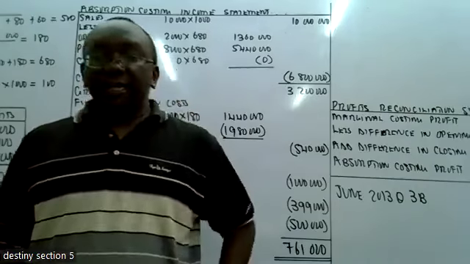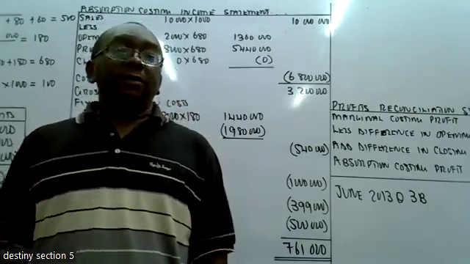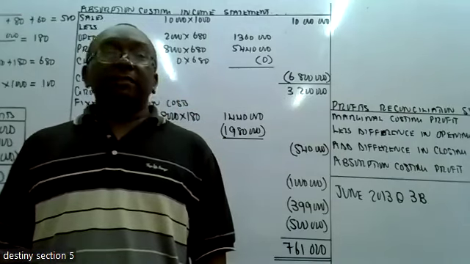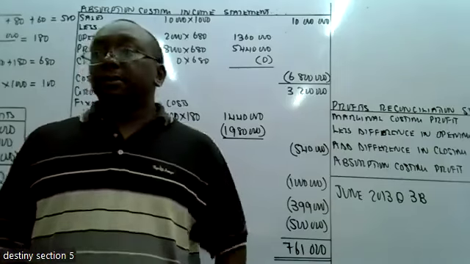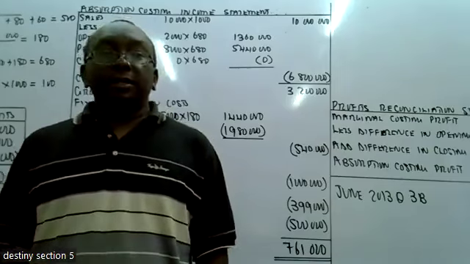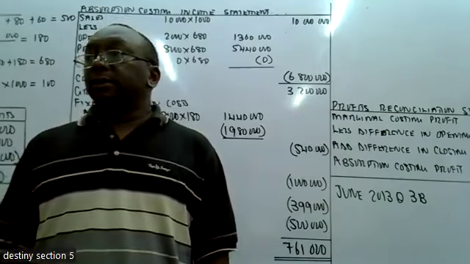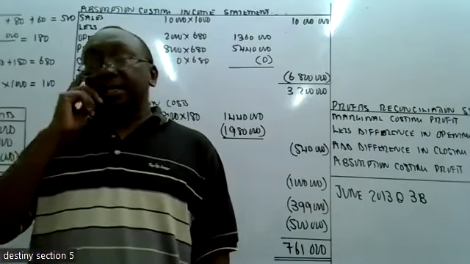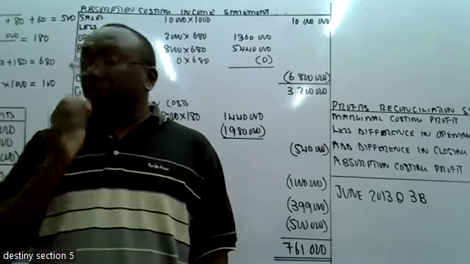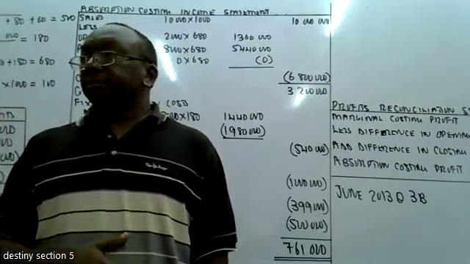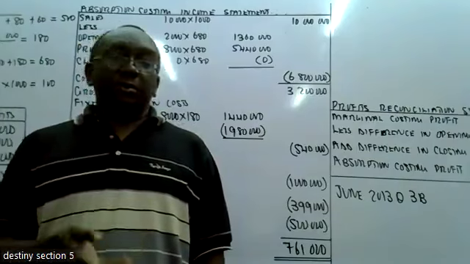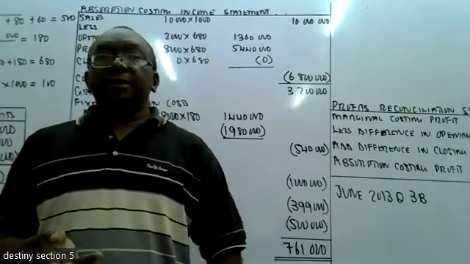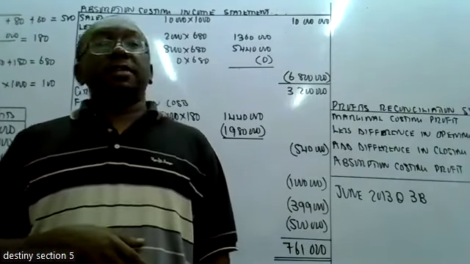Those of us who have children, when you go to the supermarket with them and you don't have a lot of money, you only have for one item, how do you handle them? These are practical things.